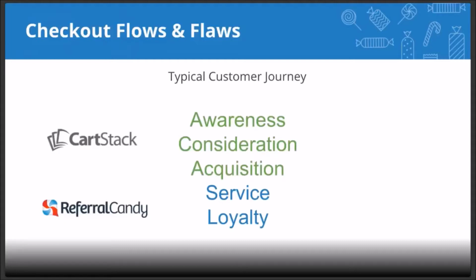After that, you should have a good customer service system in place, and you should have a loyalty system in place to make sure that these customers not only leave your store with a good feeling, but they are willing to come back, willing to become ambassadors of your store, and ready to start recommending you to their friends and family.